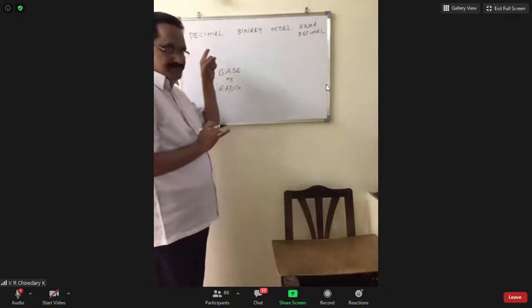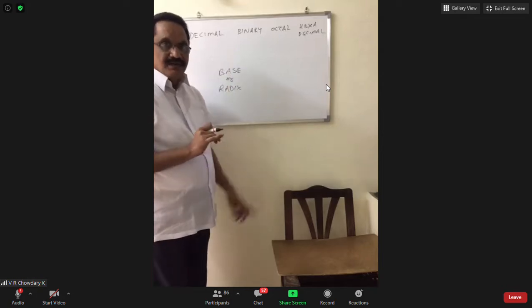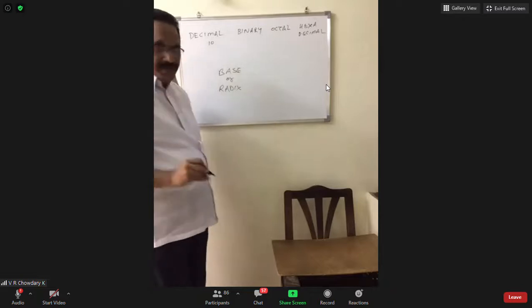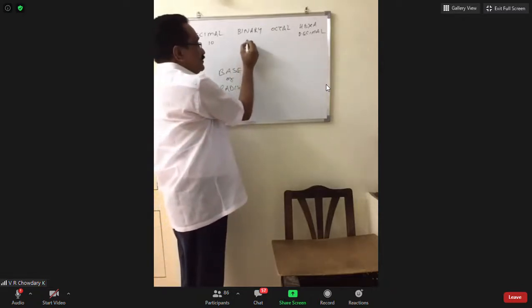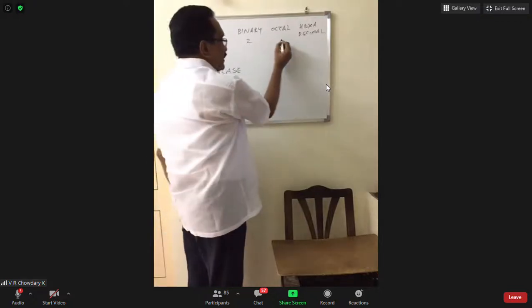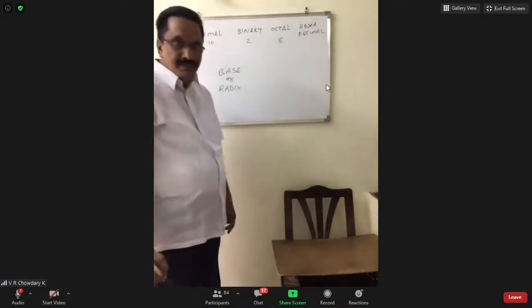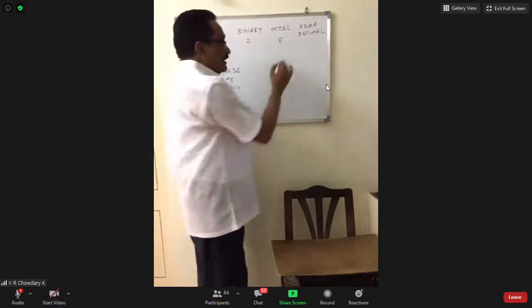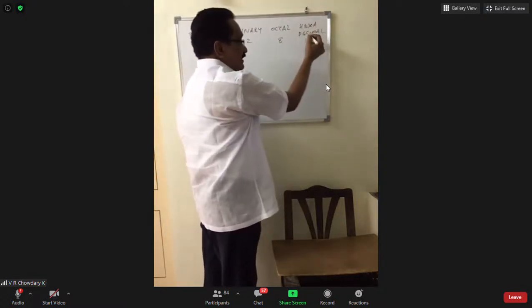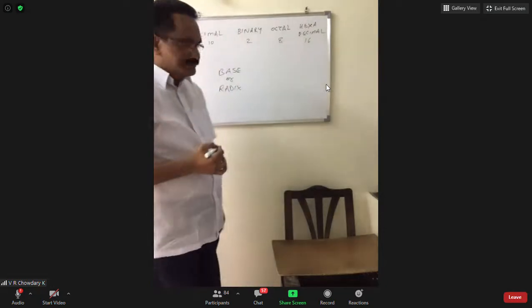For decimal number system, the radix value is 10. For binary, the radix value is 2. For octal, the radix value is 8. For hexadecimal, the radix value is 16. So hexa 6, decimal 10, so total 16.